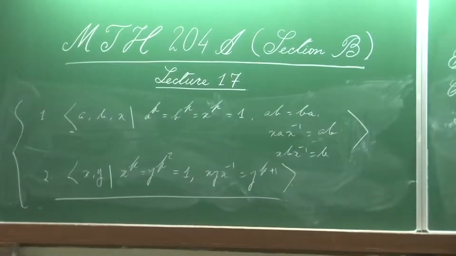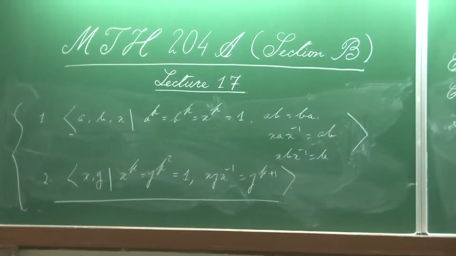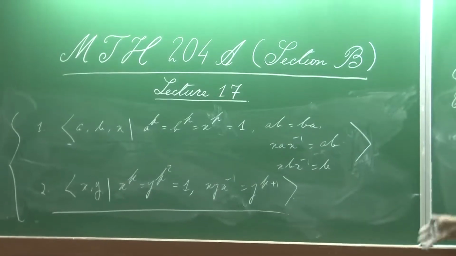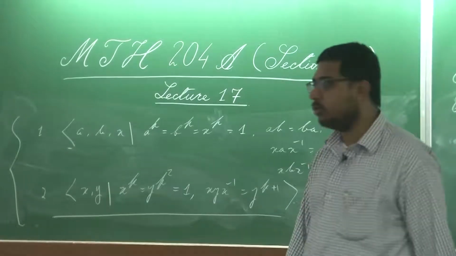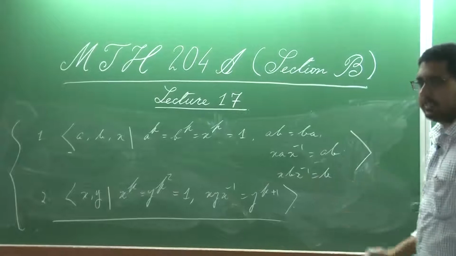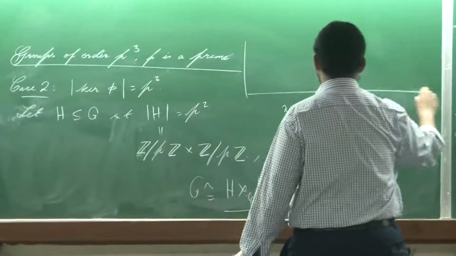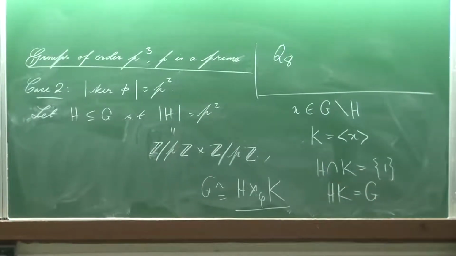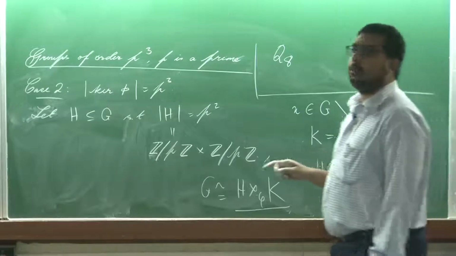So, this classification theorem, which is a complete classification for p cube, does not hold when p is equal to 2, because for p equal to 2 of course these two are going to be the same, and on top of that, if we remember that the group of quaternions cannot be written as a semidirect product of two of its proper subgroups.